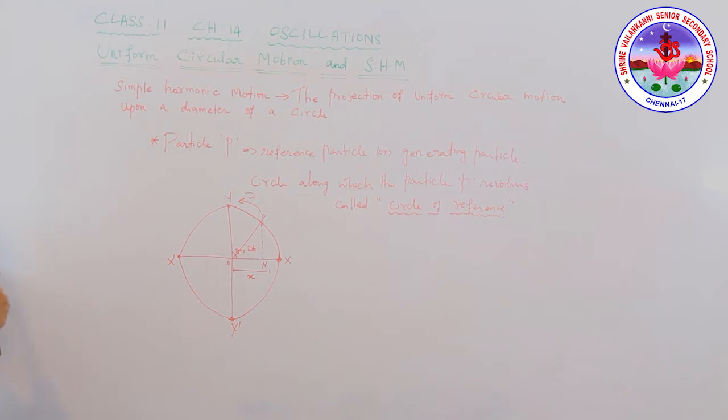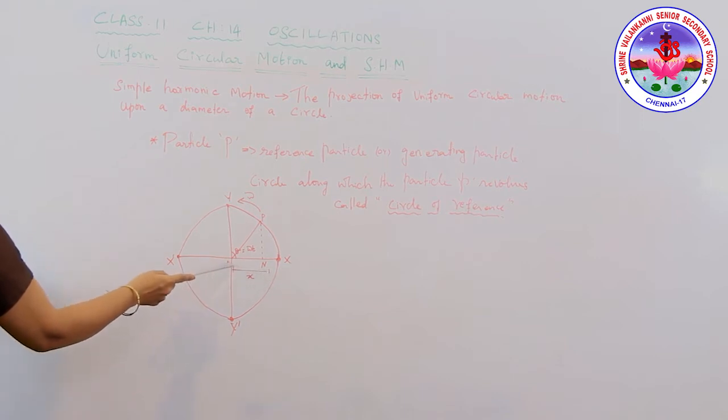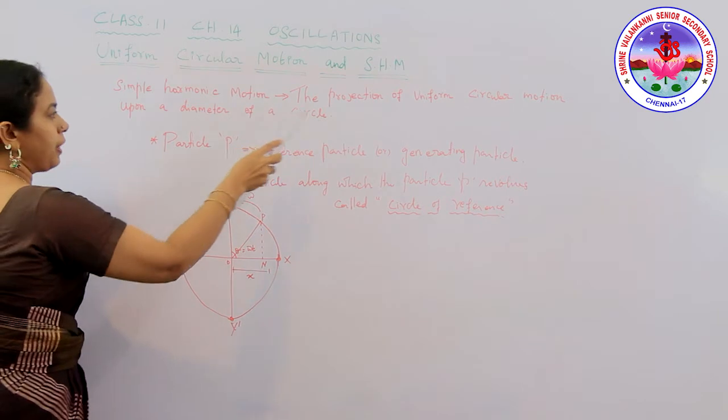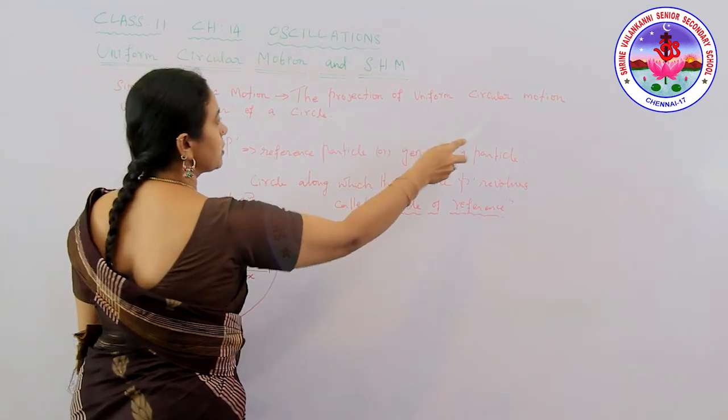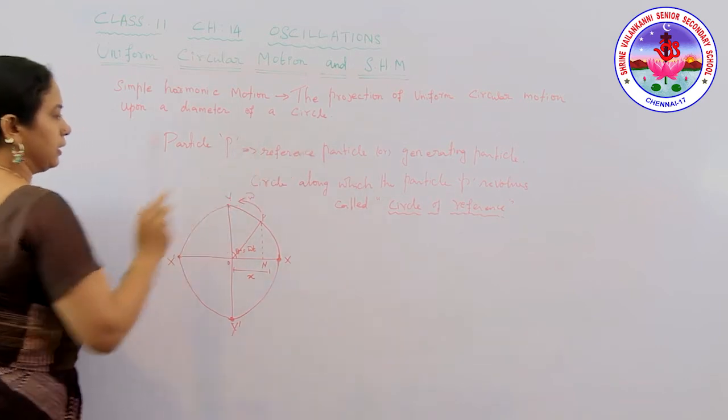So along the diameter we have taken, x x dash, this motion of N about O is said to be simple harmonic motion. That motion is a to and fro motion. So from this we can say that simple harmonic motion is the projection of uniform circular motion upon a diameter of a circle.